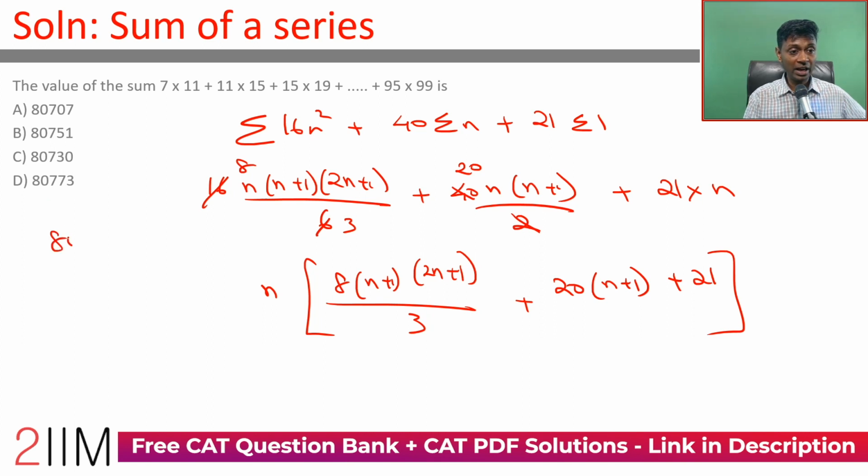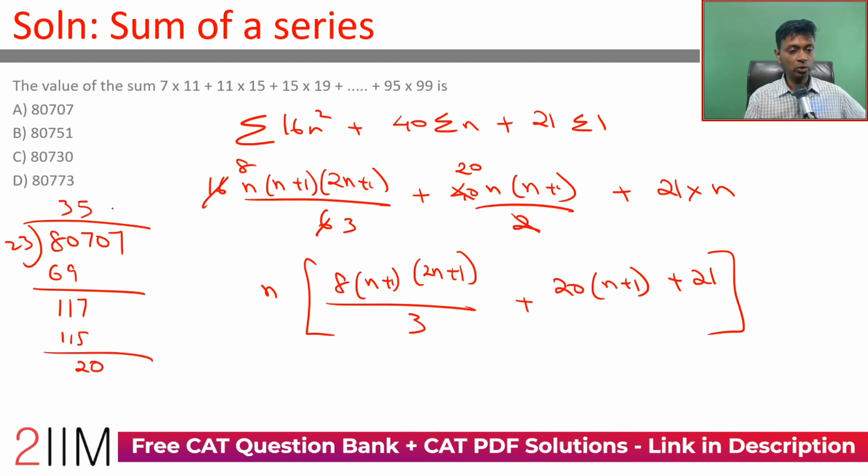So that we can say 80707 divided by 23. It goes 3 times 69, 117, 5 times 115, 20, 0 times 7, 9 times. So this is a multiple of 23.